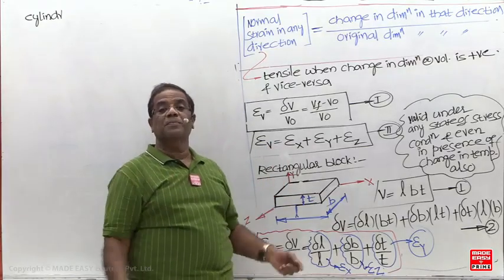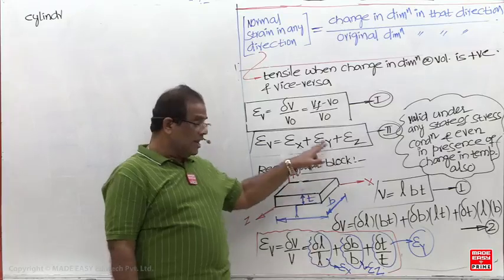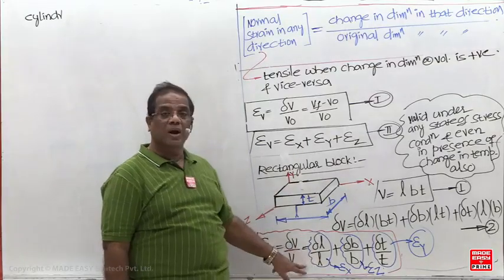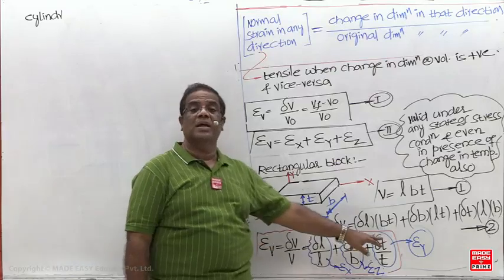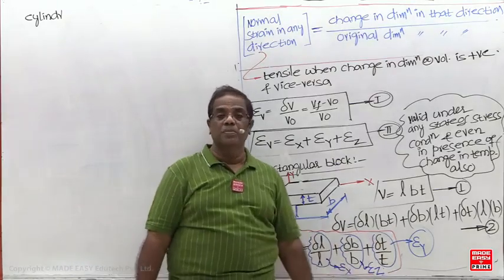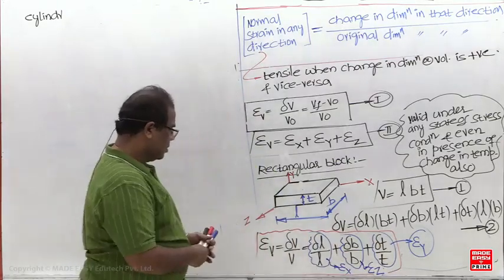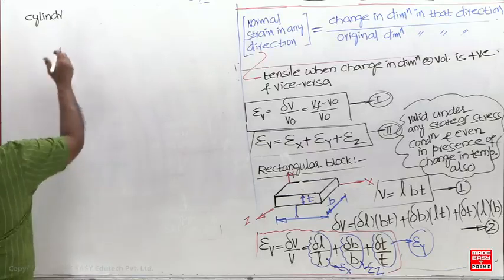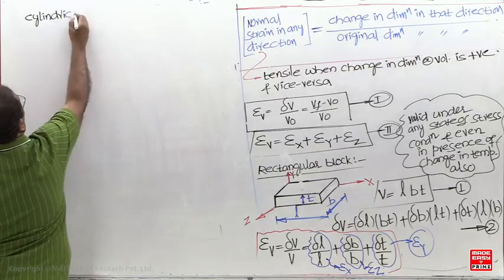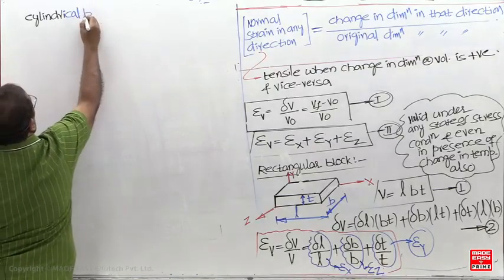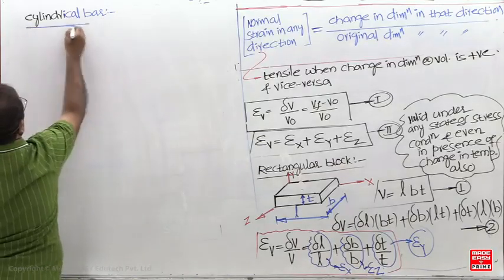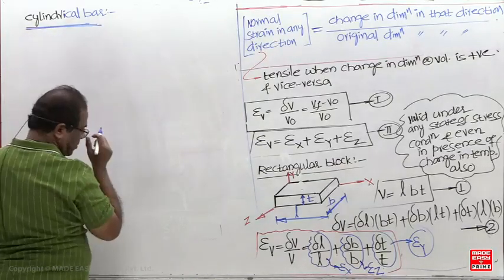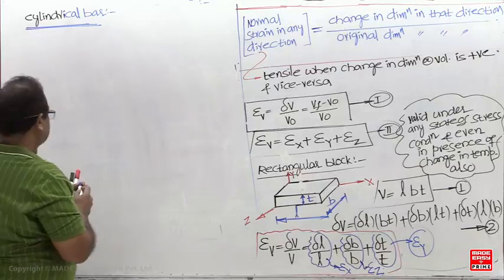There you should have the concept of thermal strain: thermal strain in x direction, thermal strain in y direction, and thermal strain in z direction are going to be used. Cylindrical bar.